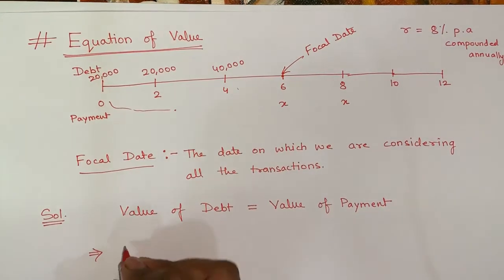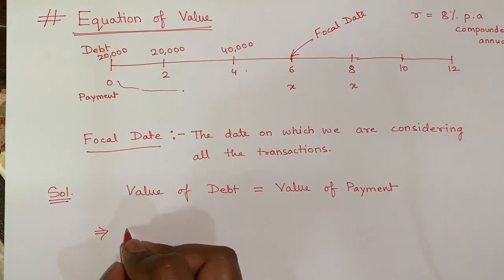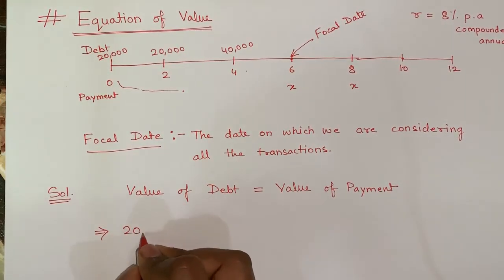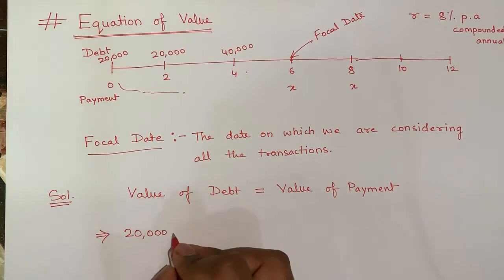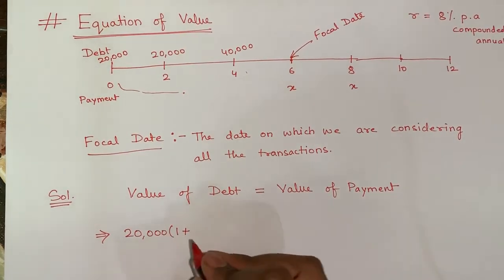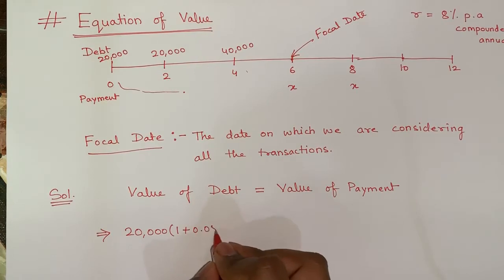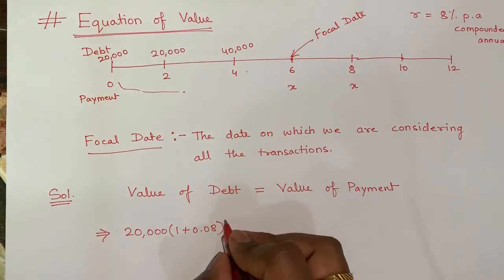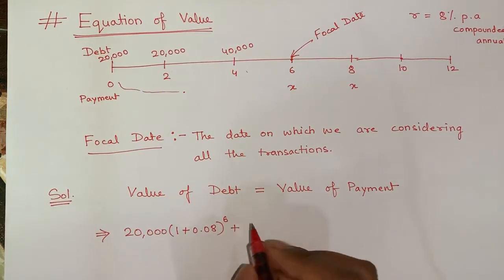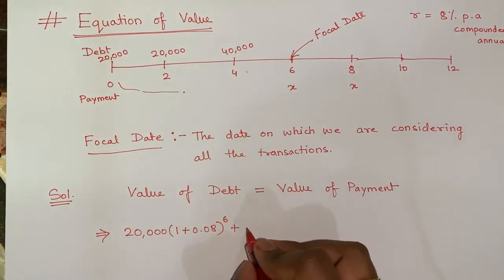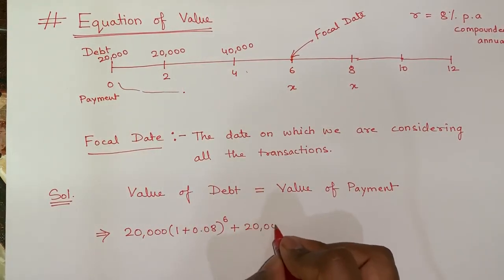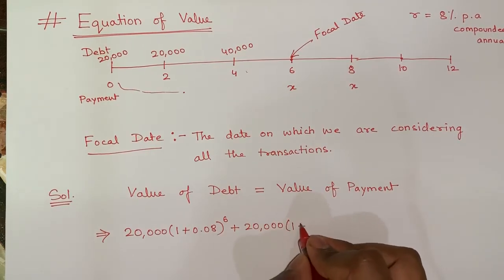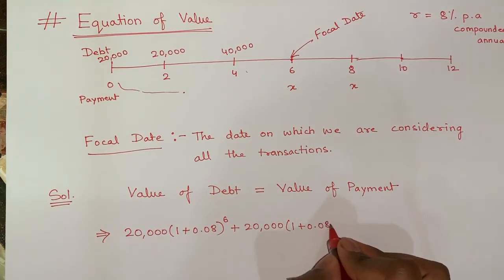So how will this take place? So the value of total debt is equals to 20,000 (1 + i), that is 0.08, to the power n. For this, n is 6 years, plus for second 20,000 (1 + 0.08) to the power.